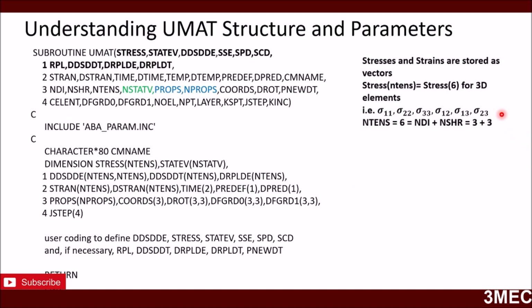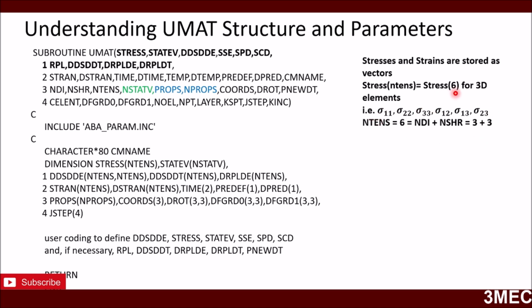If you are working in a 3D space in a normal stress analysis or continuum mechanics approach, your stress tensor will be a 3x3 matrix. In this case, ABAQUS stores it as a 6x1 vector. So you will have 6 components of stress, which are basically sigma 11, 22, 33, 12, 13 and 23. So this will be stress 1, stress 2, stress 3, stress 4, and so on.